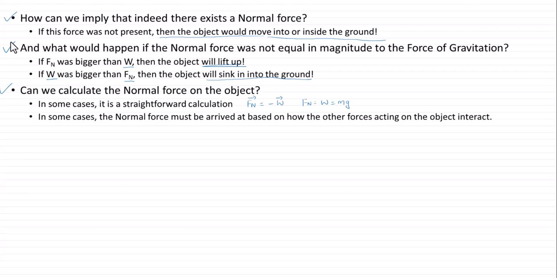But in some other cases, the normal force will not be straightforward; you cannot estimate unless you arrive at that number by doing the calculations keeping in view the other forces that are acting on the object.